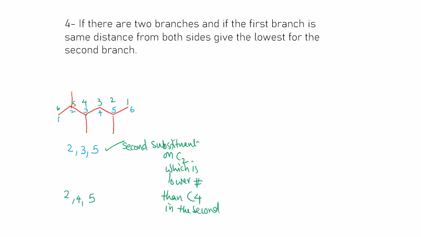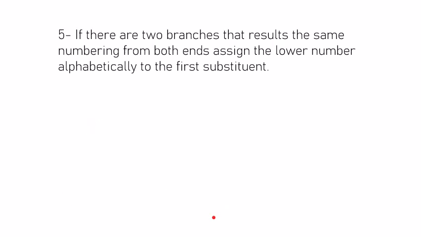The second numbering. So we have to pick this one. Okay, so that's how you can do it if the substituents are the same distance, the first substituent the same distance from both sides. Now suppose we have a compound with branches which are the same distance from both sides.